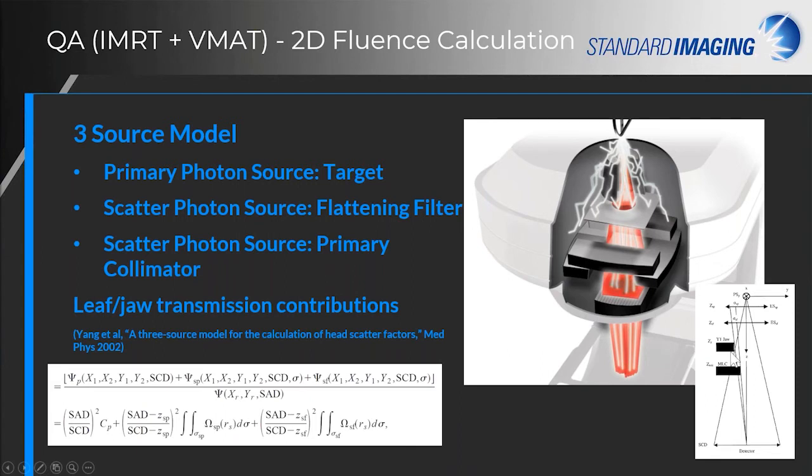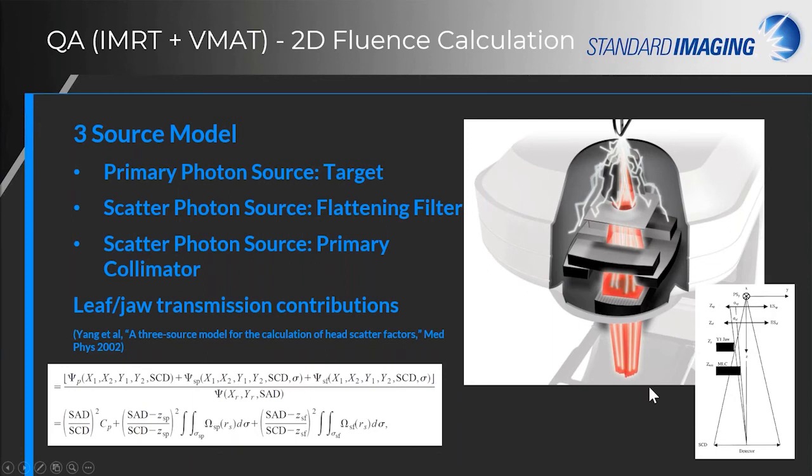This is a graphic as well from the reference that shows a side view slice of the depiction I have here of the linac head, and it just gives some information about the detector's eye view at the point where the Fluence calculation is made, and the opening of the apertures, the MLC and the jaw, and how those are integrated, and the contributions of each of the sources as well.